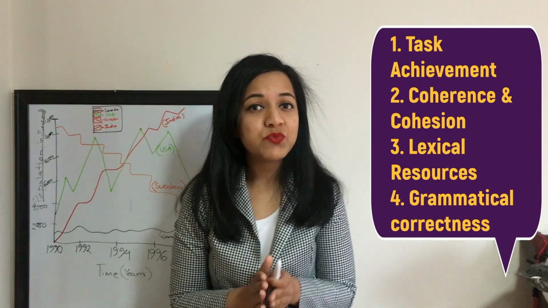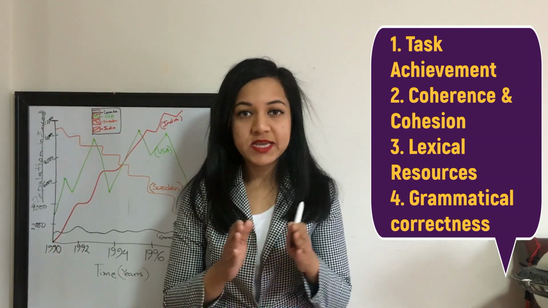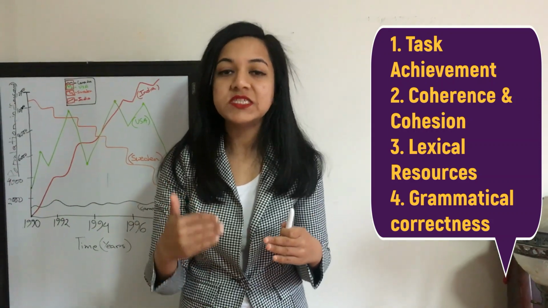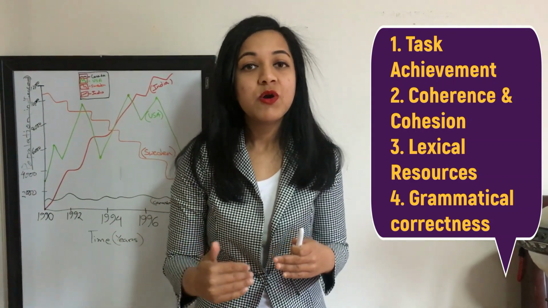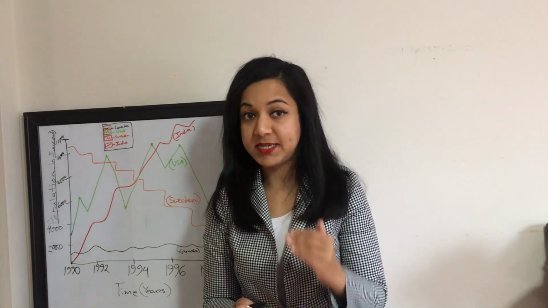Now, you do not need to worry about all these 4 categories, or know much detail about each separate category. What you need to know is how to write the overview and paraphrase it so that your whole paragraph looks grammatically correct.